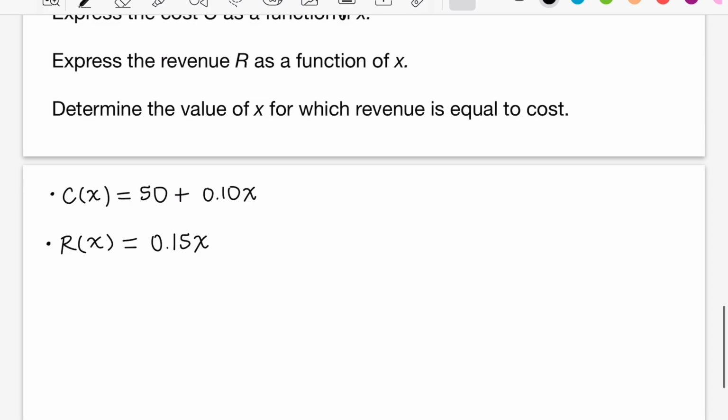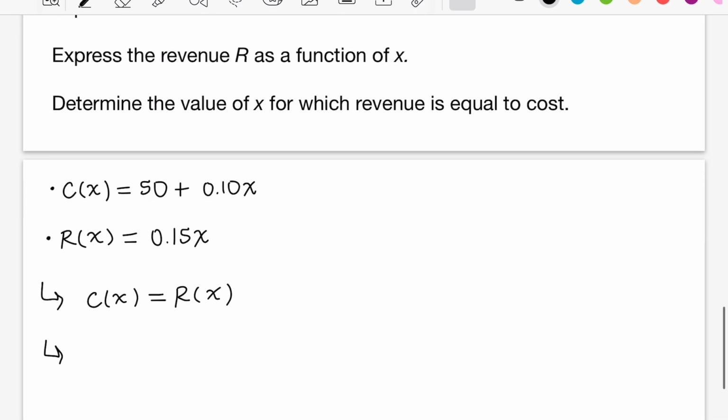Now, if we want to find the value of x for which revenue is equal to cost, we're going to set our revenue equal to our cost. Doing so, we know that our cost function is 50 plus 0.1 times x. And our revenue function is 0.15 times x.